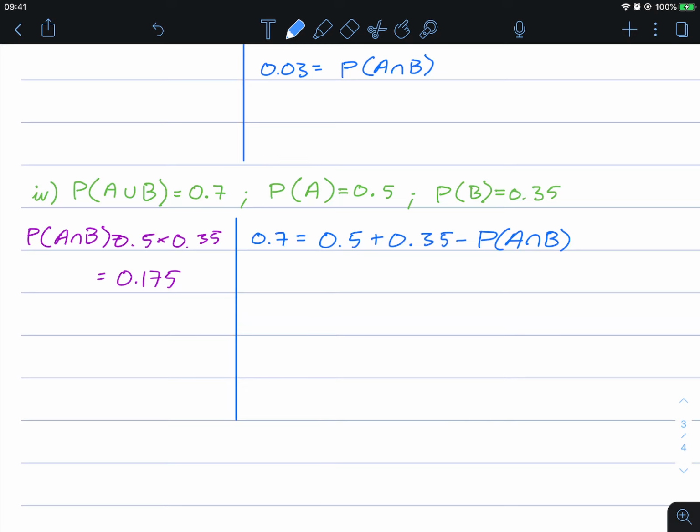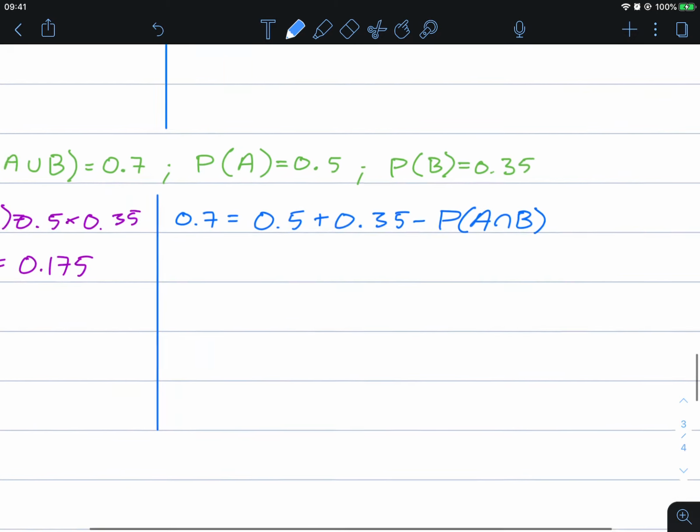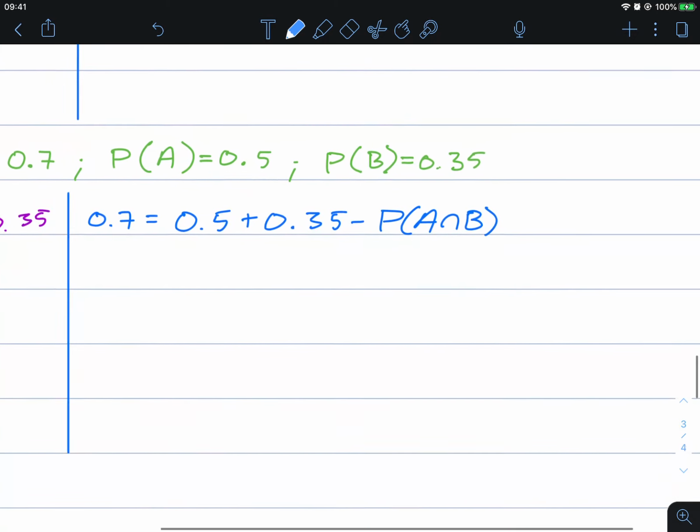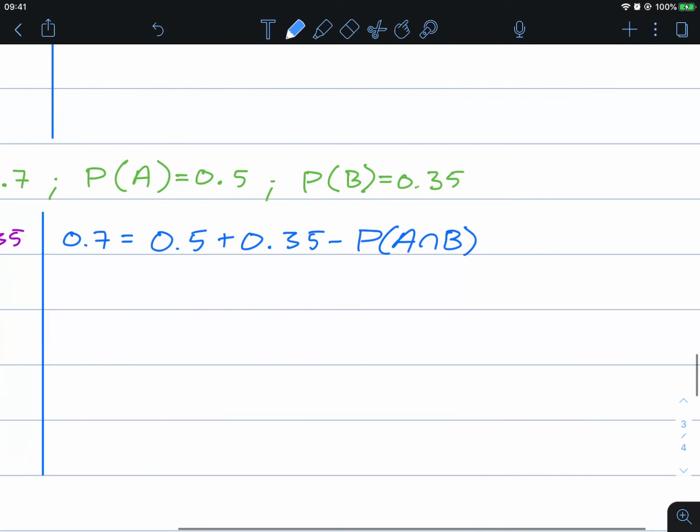This is our target goal, not one we can use. But let's take a look. Let's solve for this. 0.85 minus the probability of A intersect B.